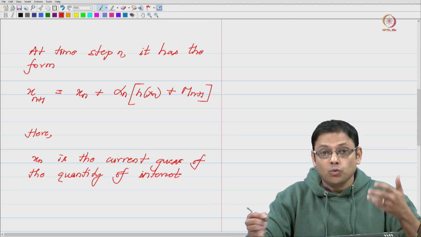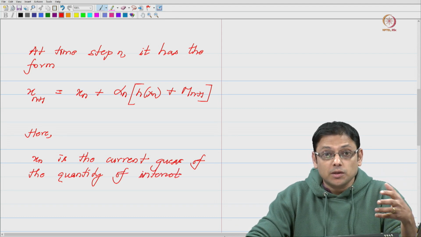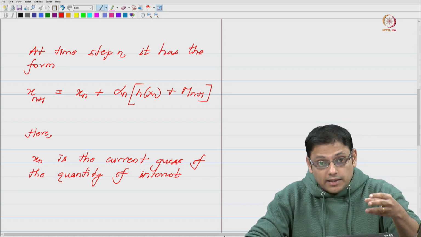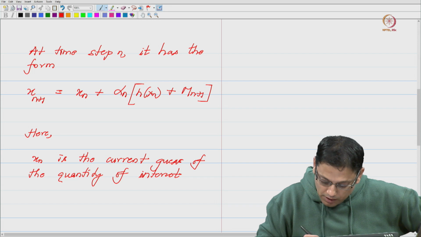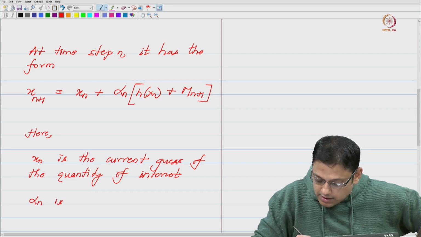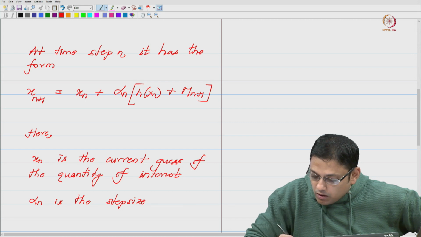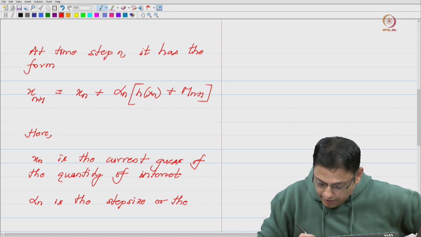For example, you may be interested in figuring out the mean of a random variable. In that case, x_n would be the current estimate of that mean. Alpha_n is the step size or the learning rate.